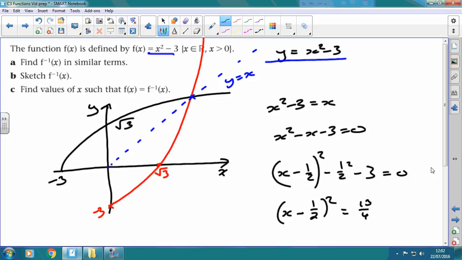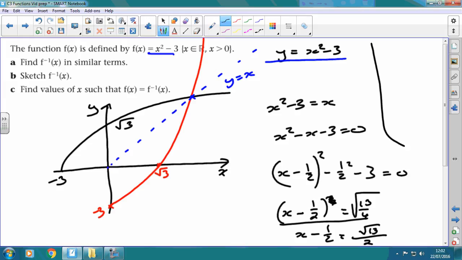And we're going to square root both sides, so x minus a half equals the square root of 13 over 2. We can do the square root of all of that. And then you add a half.